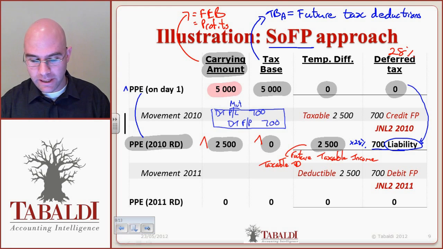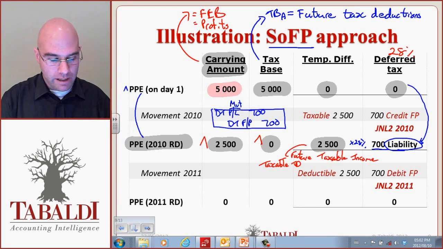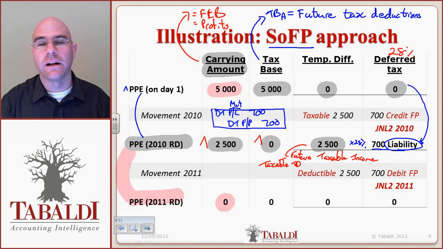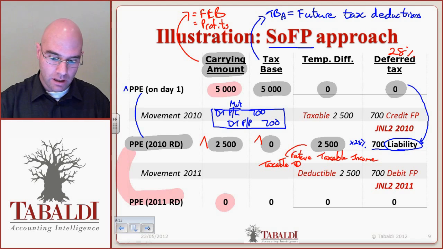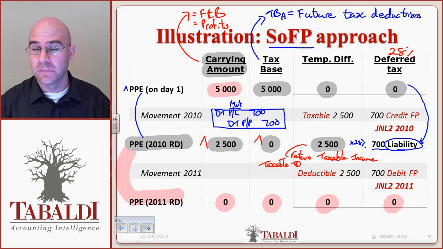Great, similar process for the next year. In the next year, 2011, my PPE has moved to a 0 carrying amount, fully depreciated. Tax base is still sitting at 0, temporary difference 0, and I should have no deferred tax balance. Please hear me, deferred tax balance is 0.